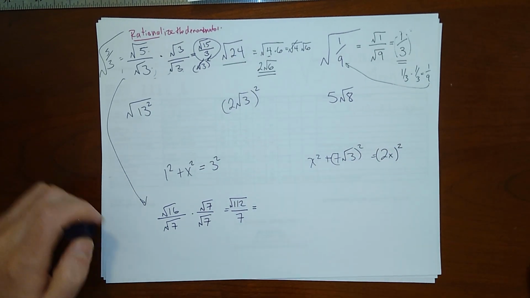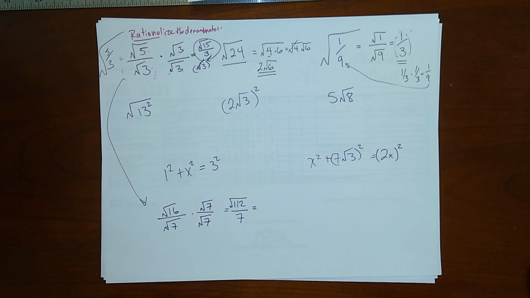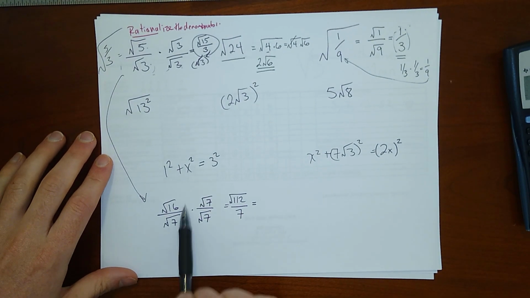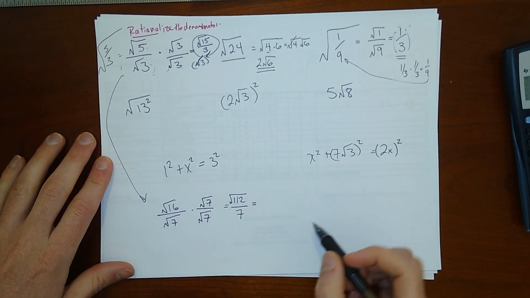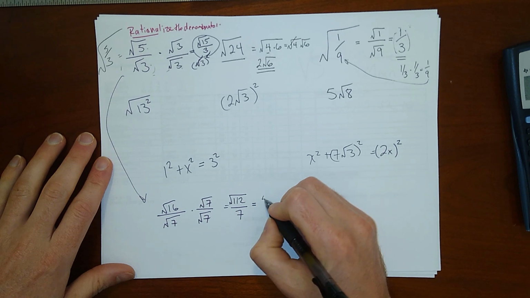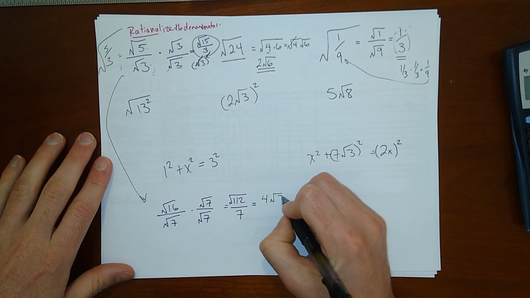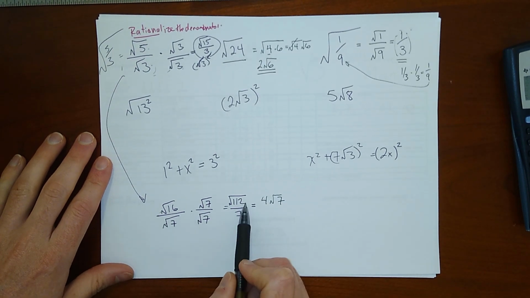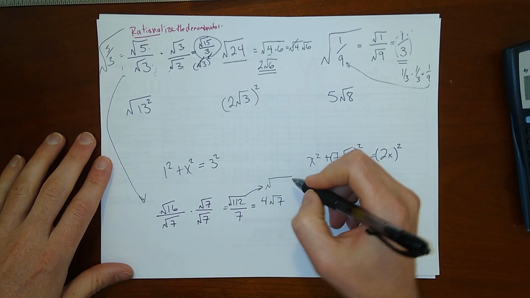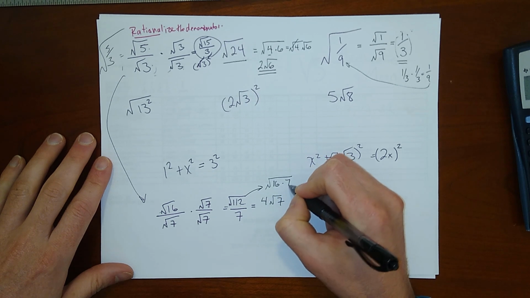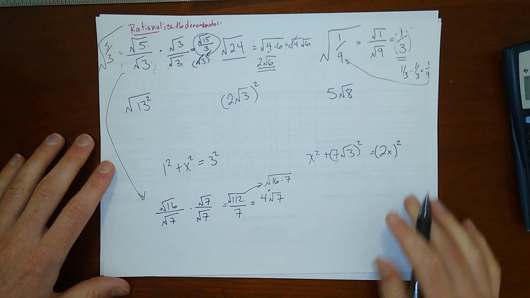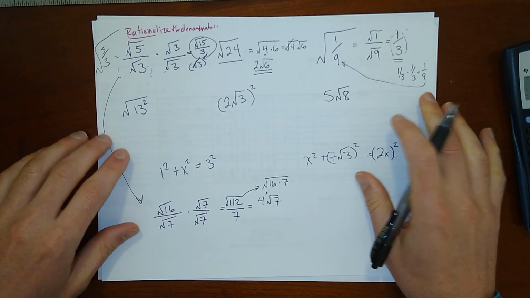Now this I can simplify a little bit. If I think back about where this came from, I could have here taken root 16 and, since that's already a perfect square, simplified that to 4. So this is 4 times root 7. It's the same thing as root 112. Or if we split this up, once we got here, we realize that this is 16 times 7, and that root 16 is a perfect square, which will reduce to 4.